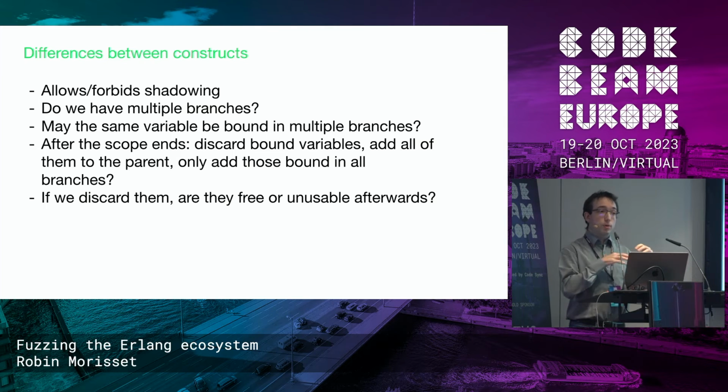If you have several subparts, you might be in an expression where you can't repeat assignments, or in a pattern where you can, and you have lots of variants like that. But you can kind of list them all and end up working through it. I don't have the time to go through all of the implementation details. If you're interested, you can either ask me after the talk or look at the code.